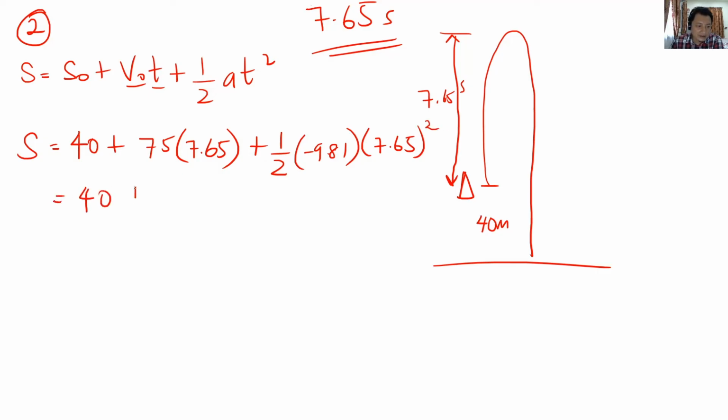Let's see, did we get it correct? 75 times 7.65, 573.8. Ini akan jadi negatif lah. 7.65 squared kali 9.81 bahagi 2, 287.1.